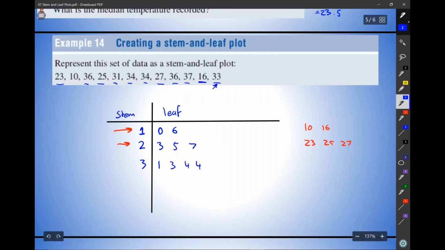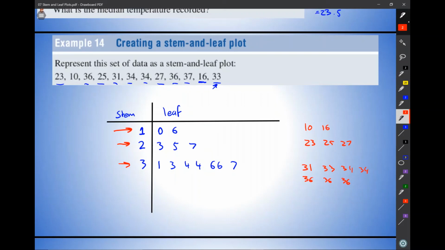There's two 34s, two 36s, and a 37. So now in this line we have the numbers 31, 33, 34, 34, 36, 36, and 37. And that should now be all the numbers from up here represented down here in our stem and leaf plot.